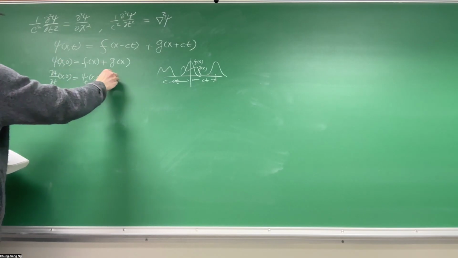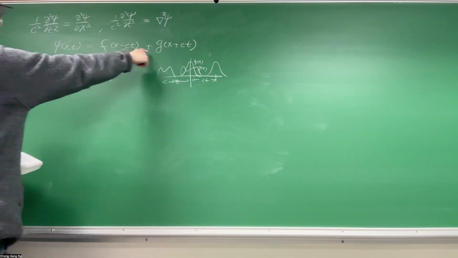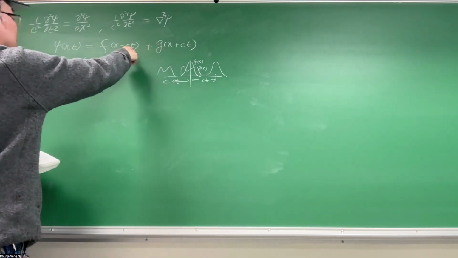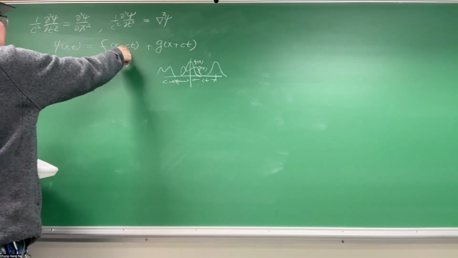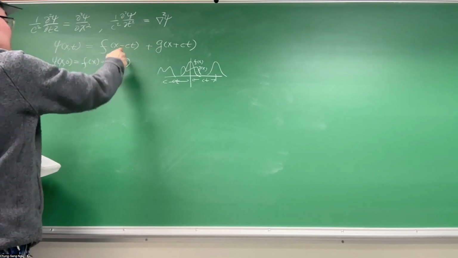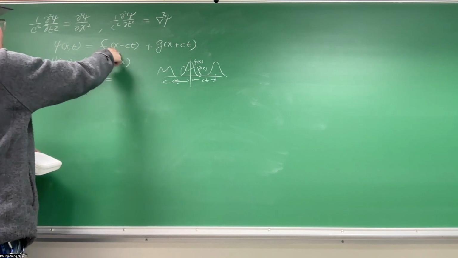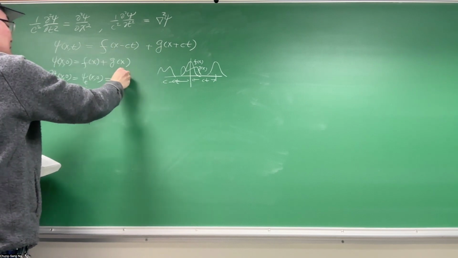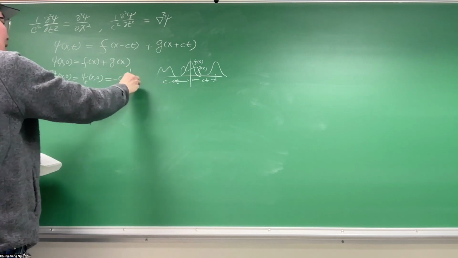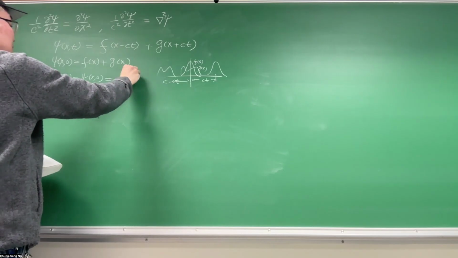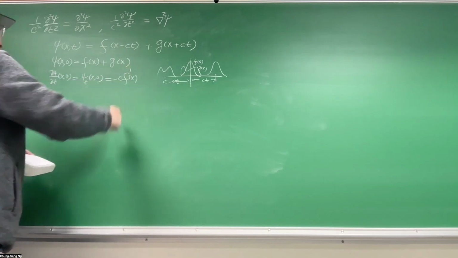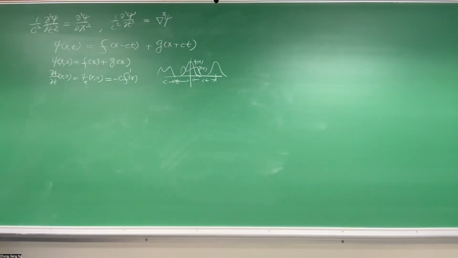In that case, we take the time derivative and set t to 0. The first term, the f term, picks up a minus c again, and then you have f prime, which is basically just df/dx, right?